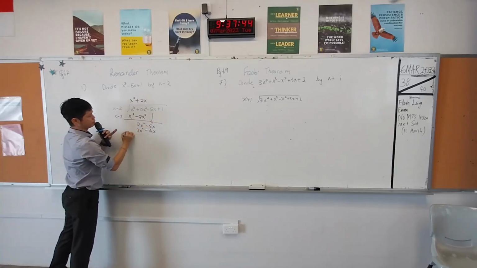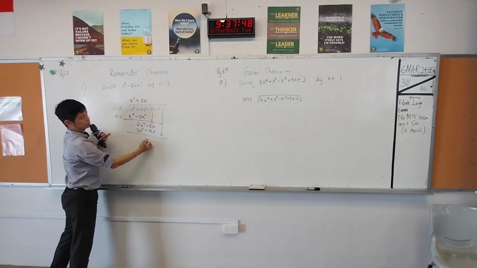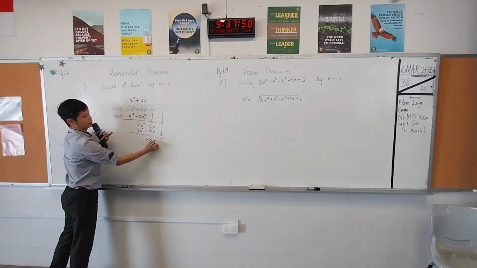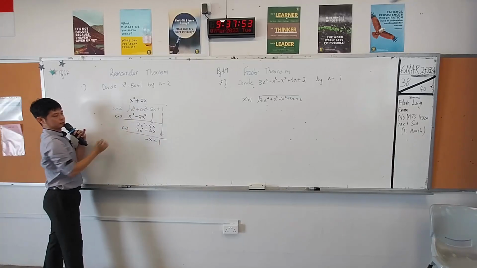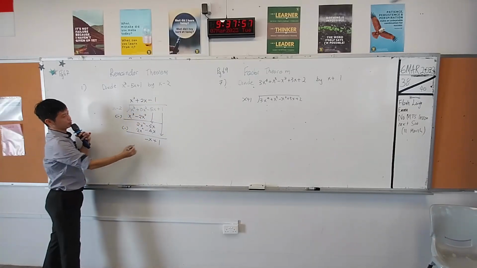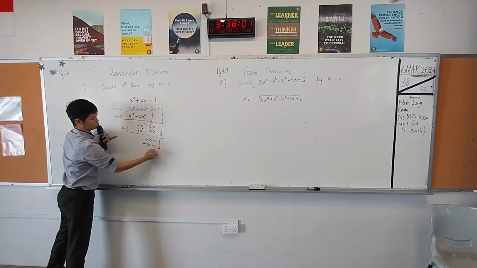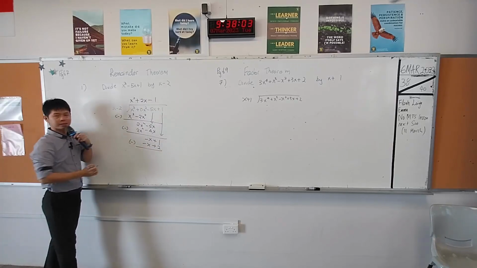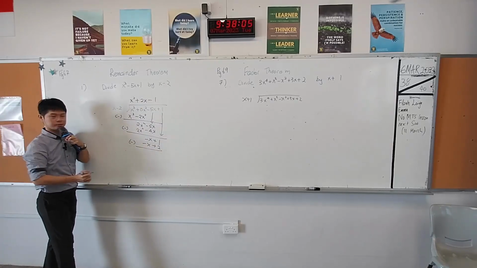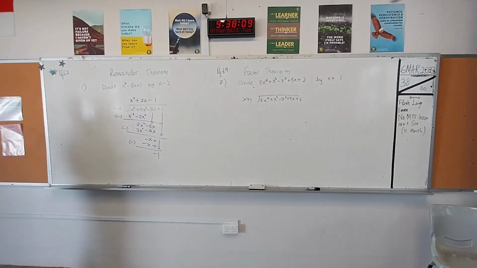Finally, I will have minus x plus 1. And I will have to minus 1 here, because that will give us minus x plus 2. After I subtract, the remainder is negative 1.